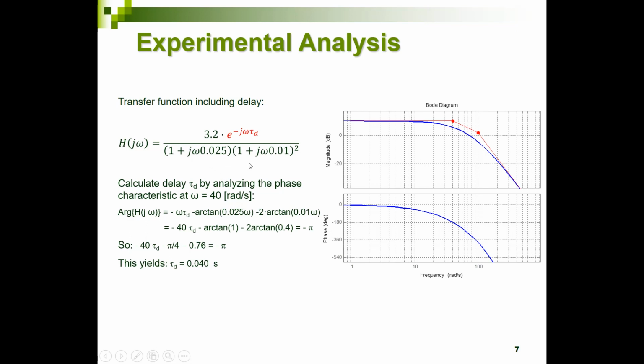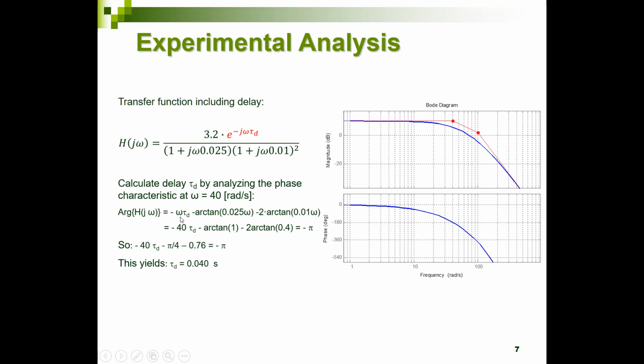The phase of this part should also be subtracted, which is the arctangent of the imaginary part, omega times 0.01, divided by 1, so minus the arctangent of 0.01 times omega. But there's a square over here, so we have to subtract it twice. So there's a 2 in this expression. And that complete expression should be equal to the phase at a certain point.